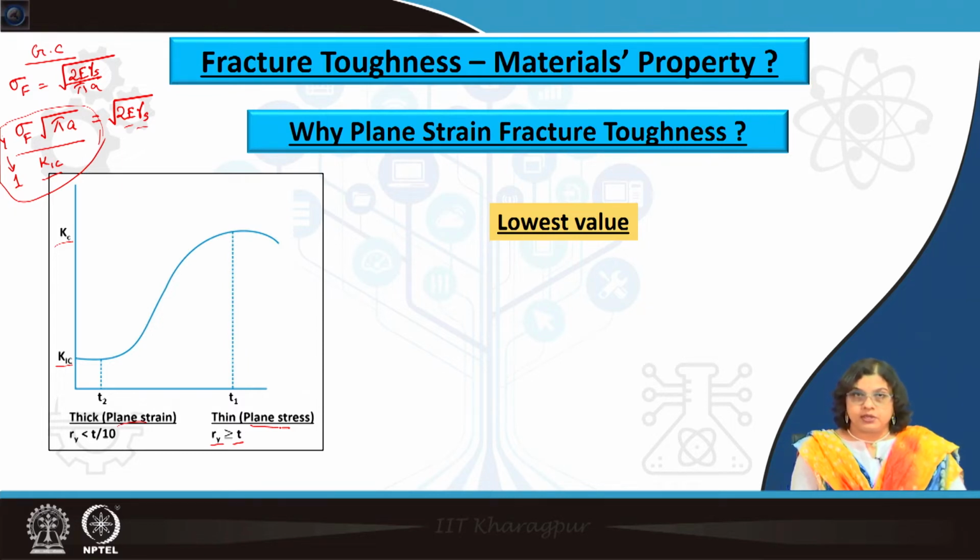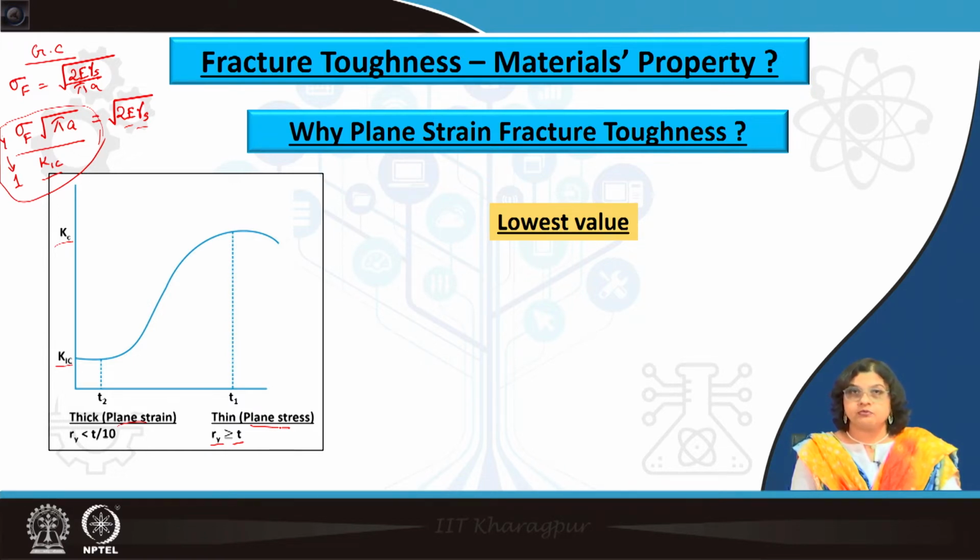That is very important from the point of view of failure analysis, because unlike strength, for example yield strength or fatigue strength, where we always target higher and higher strength for structural performance, when we are talking about failure analysis, we are a little bit conservative and we mostly try to figure out what would be the lowest value.